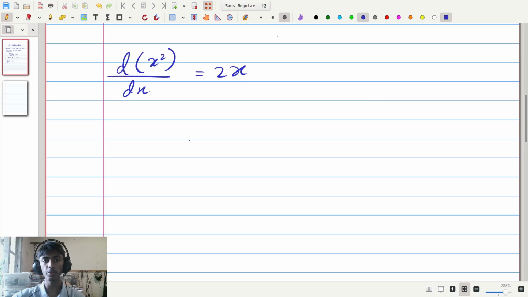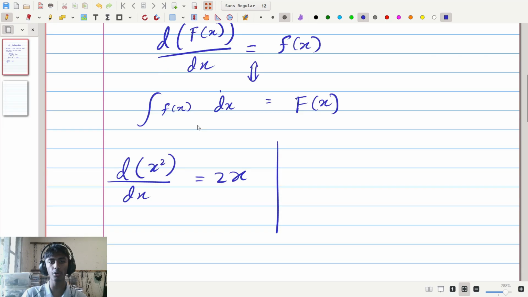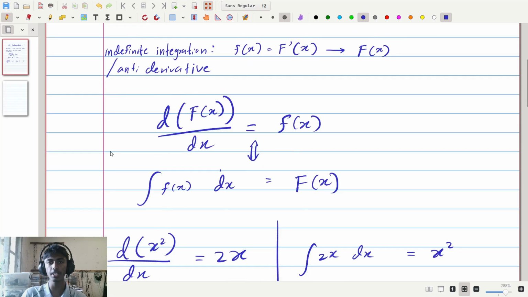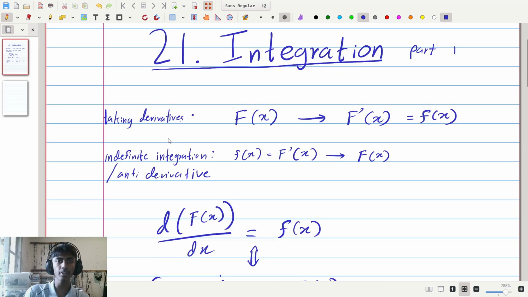So when we have this format, according to what we just showed, this means that the integral of 2x with respect to x must be x squared, because that's what we just defined. We defined that if we have a function capital F of x and we take its derivative to be simply f of x, then when we do the inverse, we take f of x and turn it back into capital F of x.